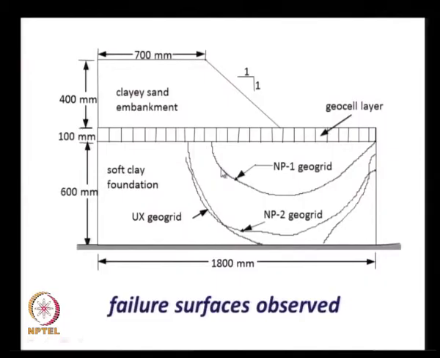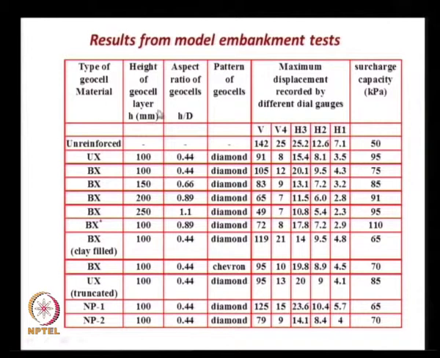The effect of using a stiffer geogrid layer for forming the geocell is that the slip surface is pushed down, and when we used a very stiff UX geogrid, the slip surface was actually intersecting the tank foundation. The result of these different slip circles is reflected in the amount of pressure that we can apply, and these are the different results that were obtained from a large number of tests.